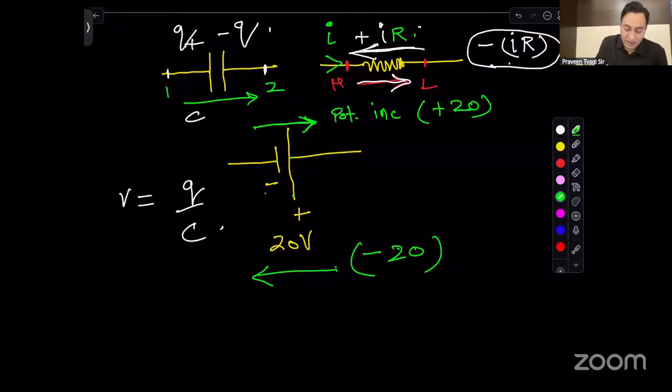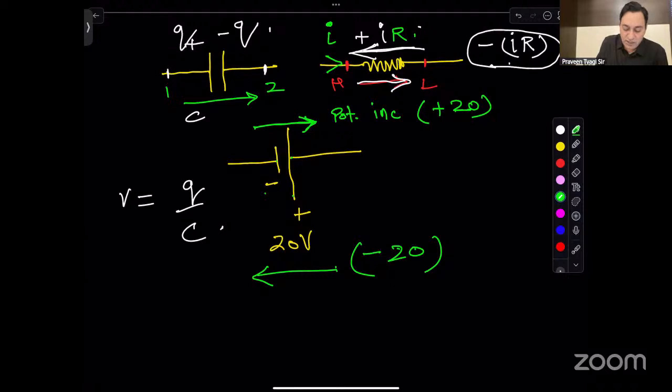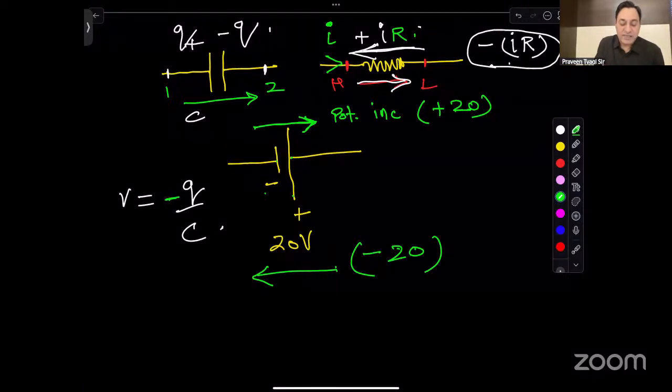Point 1 is at a higher potential, it is plus and this is minus, so I am going from higher to lower. So I will write minus Q by C. If I was going in the other direction, from the negative plate to the positive plate, that means lower potential to higher potential, increasing potential, so I would have written plus Q by C.